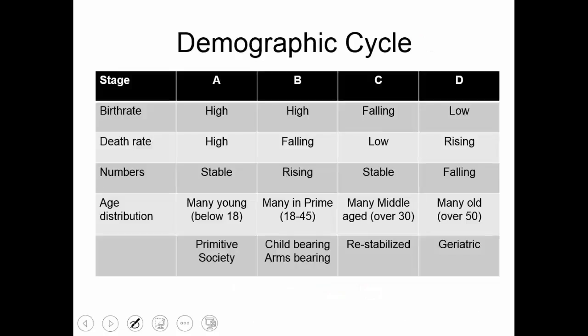Okay, this is the demographic cycle according to Carroll Quigley. What you see as far as a population pyramid and the demographic transition follows this particular chart almost to a T. Like you see in what he calls a primitive society or the pre-industrial society, birth rates are high, death rates are also high, and the numbers are stable.